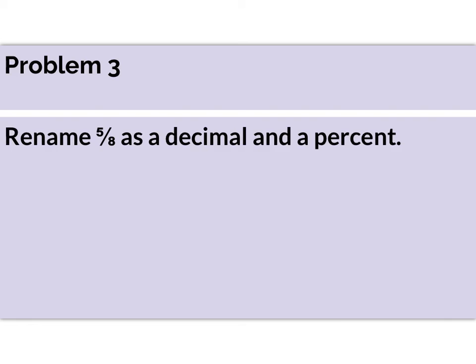So write 5/8 as a decimal and a percent. So 5/8, 8 goes into 5 zero times. Put your decimal on top of the house. 48, 6 is 48. 2 0 0. 2 is 16. 4.